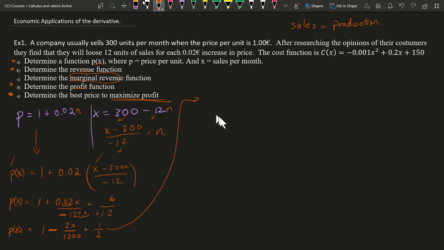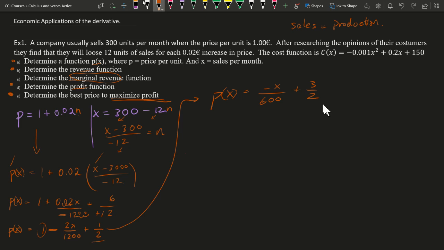So now I'm going to move over to here. So my price function is 1 plus a half is 3 halves. And I'm going to reduce this to a negative x over 600 plus 3 halves. That is my price function.